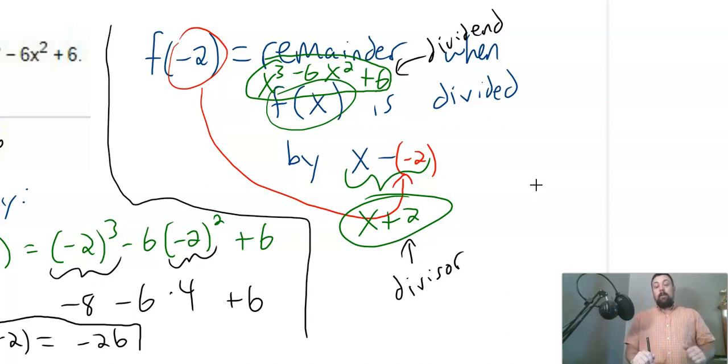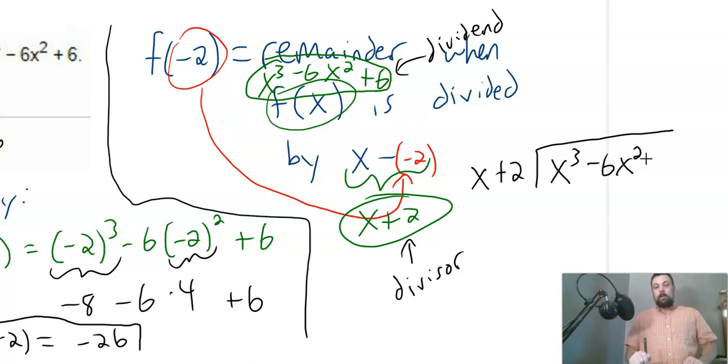And to divide these, one way you could go about doing this is using long division. So you put the divisor on the outside over here, so we'd have x plus 2 right here. The dividend goes on the inside of this contraption, so we have x to the third power minus 6x squared. We're going to leave a space because the next term should be x to the first power. If we're going in descending order, the next term we would expect is x to the first power.